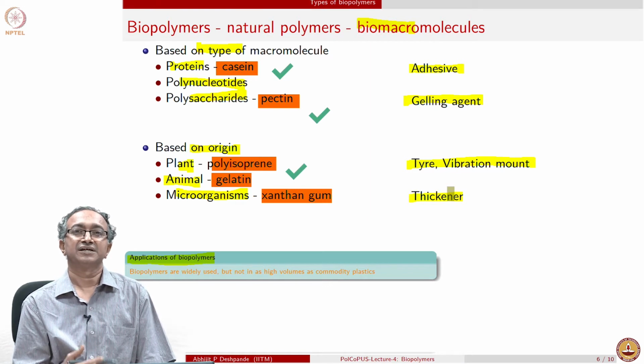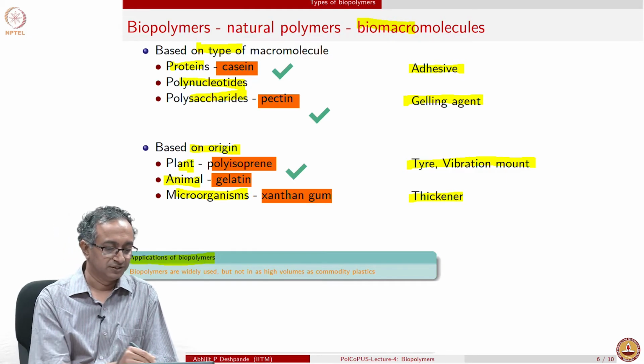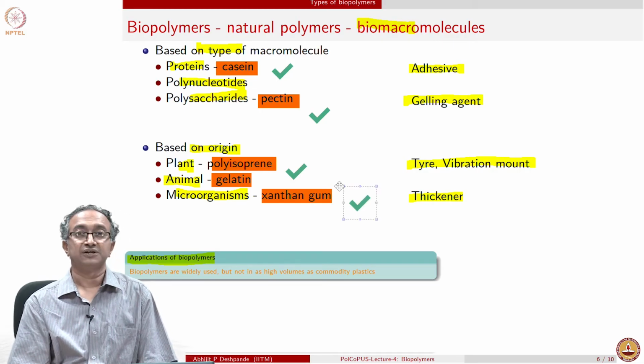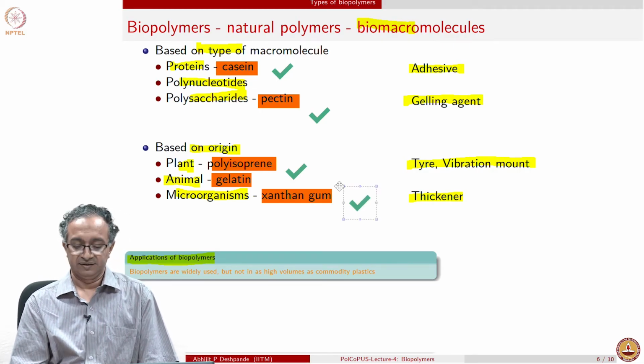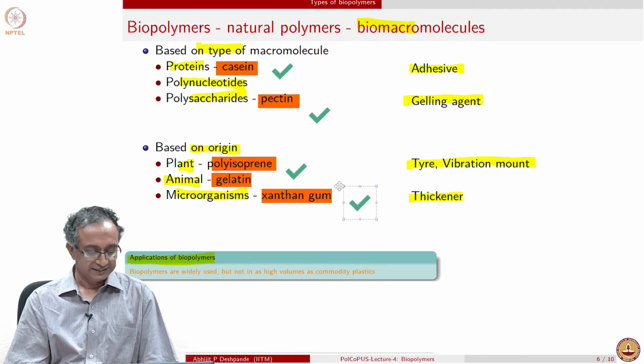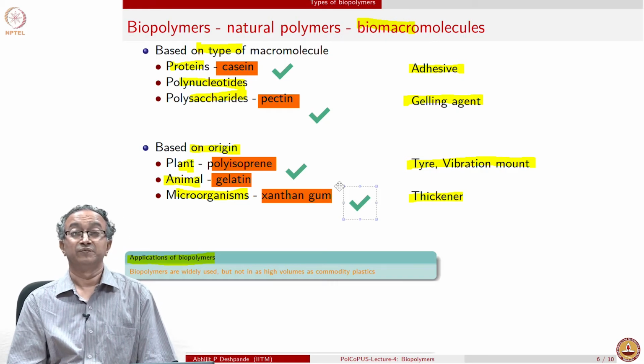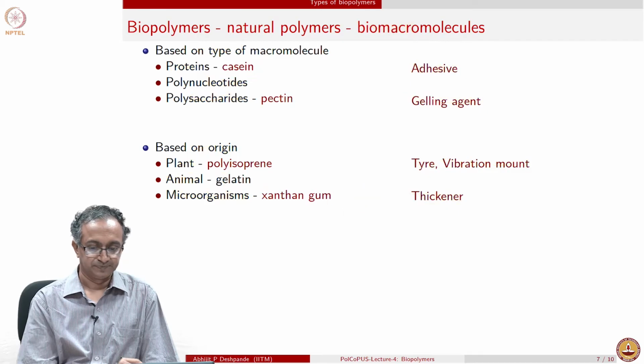So, a thickener is an application where we add a small amount of a material and that changes the viscosity. In this case, let us say xanthan gum, the way it is used is we use it along with water, and then it increases the viscosity by orders of magnitude, and that is why it is called a thickener. So, you can see that very wide ranging applications of these biopolymers are present.